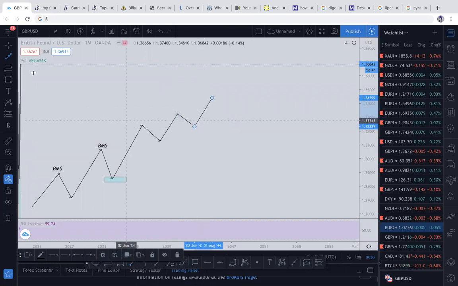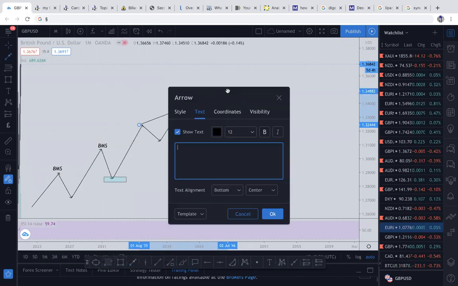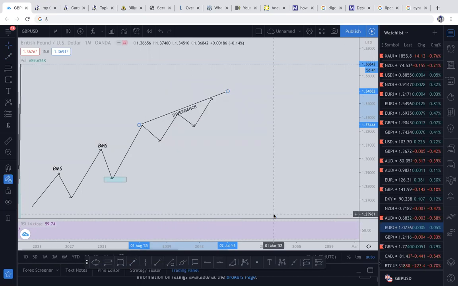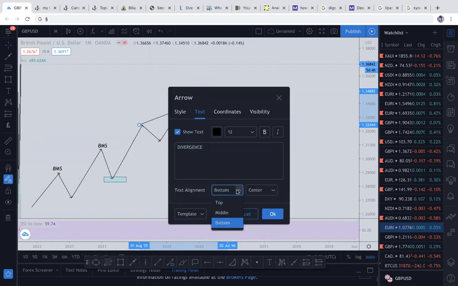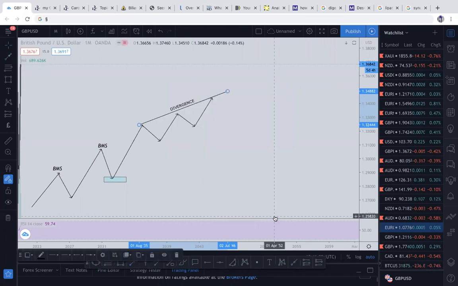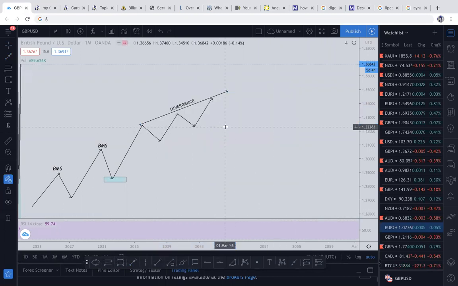I always signify them with a structure on my RSI as this, and then I label it as divergence. It might not make sense to you because I'm using lines, but if I go to the actual chart, they will start coming into place.